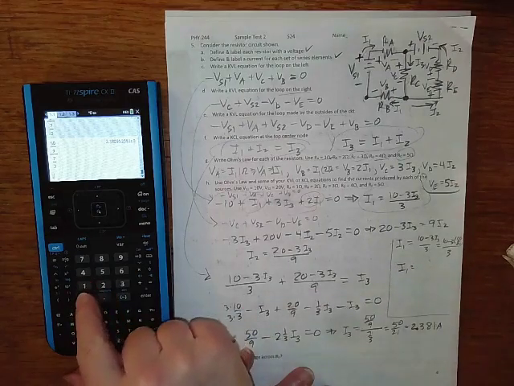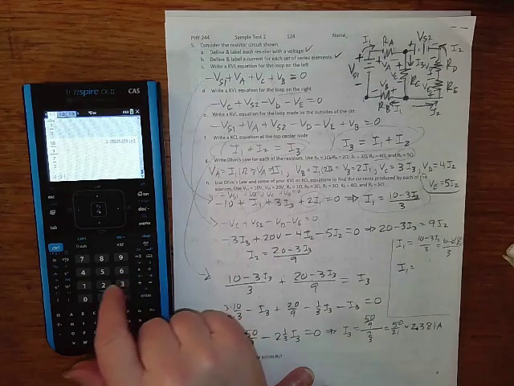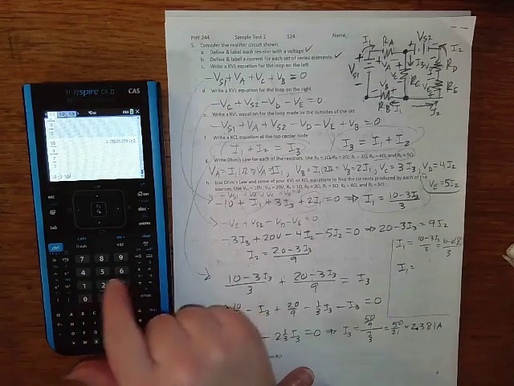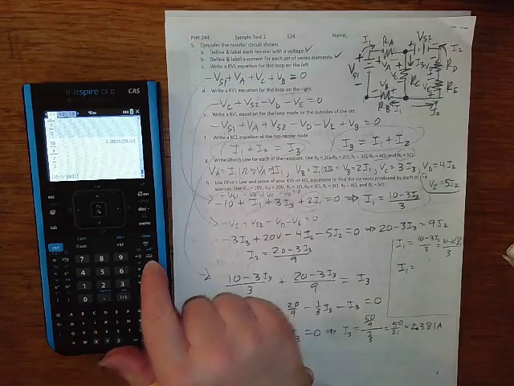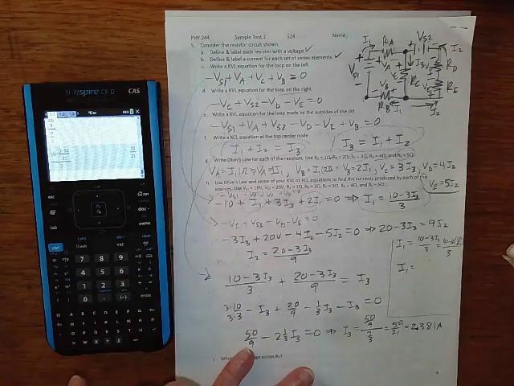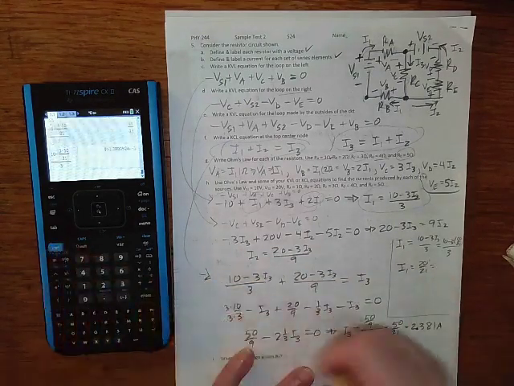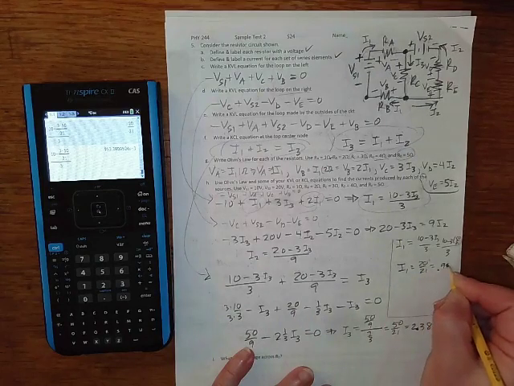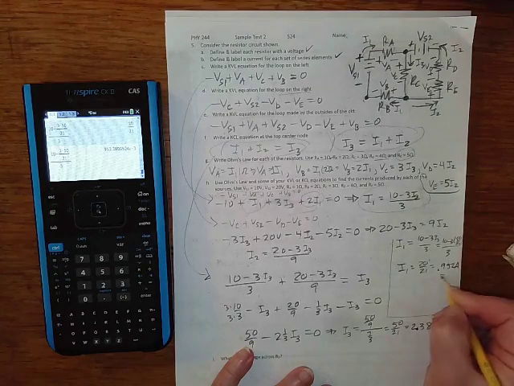What is that? 20 over 21, 0.952 amps equals I1.